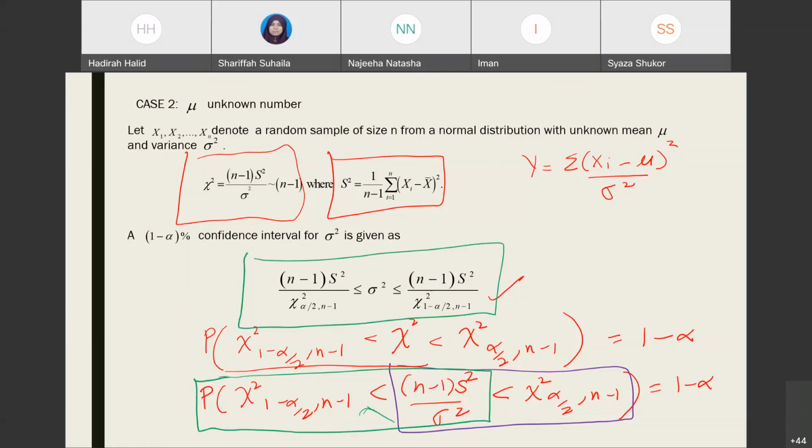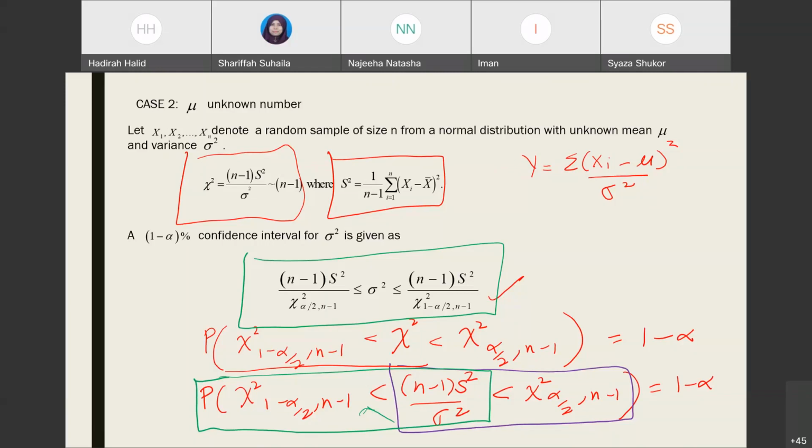This is the case when you have an unknown population variance and also an unknown mean. That means we have to estimate, we have to get the value of x bar, then only can we solve this. Confidence interval for a single population variance: two things, either mu is a known number or mu is an unknown number.